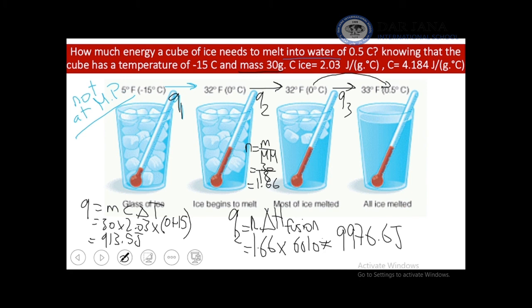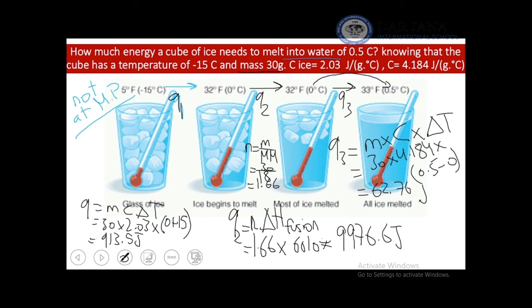To find the amount of energy required, Q3 will be equal to the mass of the water, which is the same as the ice, because mass doesn't change in any physical or chemical change, times the specific heat of the water times the delta T. So the mass is still 30, the specific heat of the water is 4.184, times the delta T, which is T final 0.5 minus T initial, which is 0. The answer will be 62.76 joules.